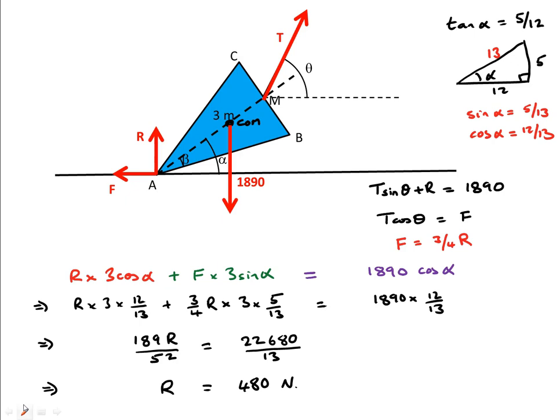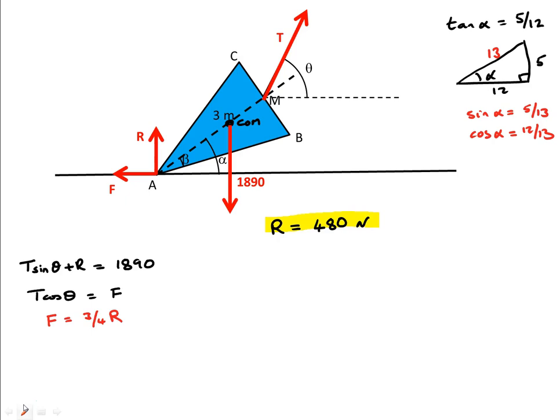Now that I know R is 480 newtons, I've got T sine theta plus R must equal 1890, which tells me that T sine theta must be 1,410 newtons. And T cos theta is going to be equal to F, which is 3/4 R, which is 360 newtons.